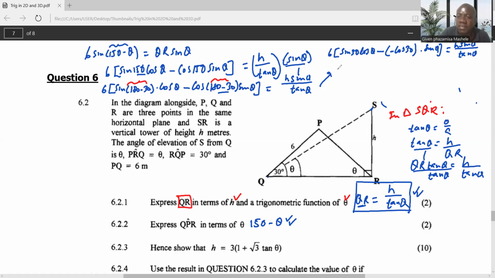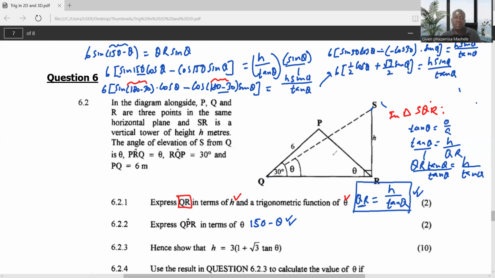Okay, what is sine 30? Sine 30 is half. So it will be half cos theta here, plus, because negative and negative is positive, cos 30 will be positive root 3 over 2 sine theta, equals h sine theta over tan theta.